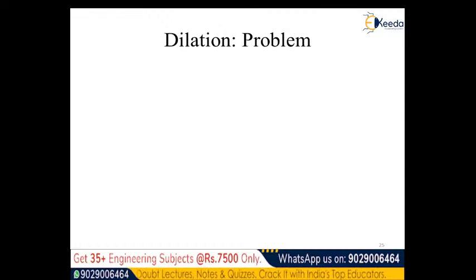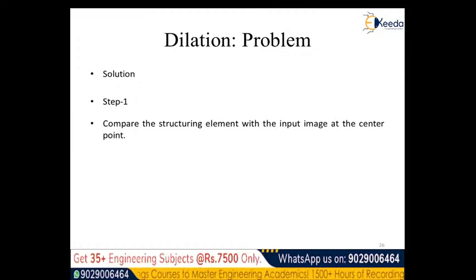So let us find the solution stepwise as we had done for the case of erosion here. So here we are going to follow step number 1. Step number 1 will be first of all to make a comparison of the structuring element with the complete input image plane at the match of the center point here.